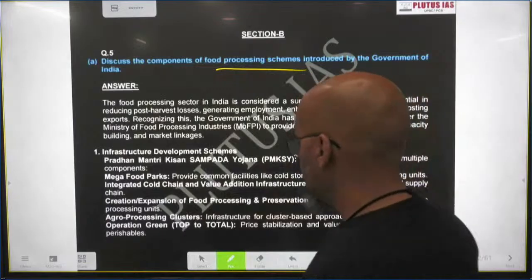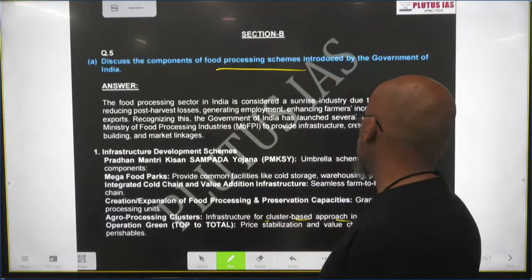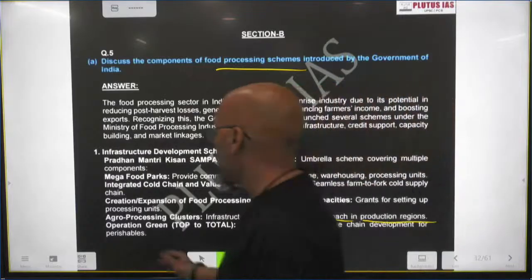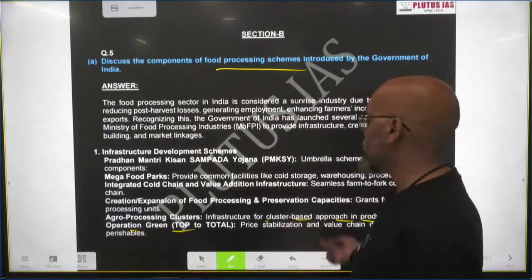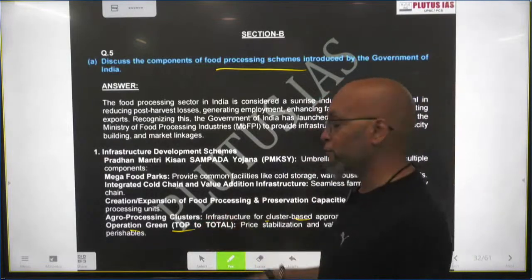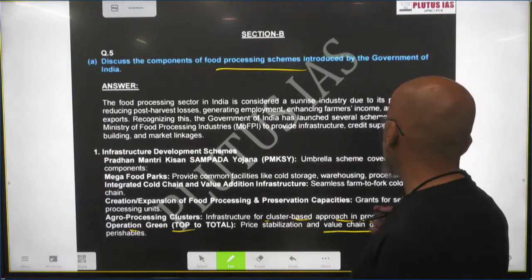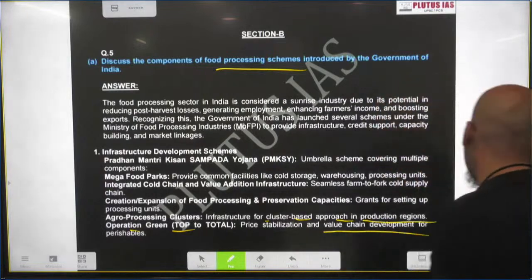Then agro processing clusters: infrastructure for a cluster-based approach in production regions. Operation Green, TOP to Total. What is TOP? Tomato, onion, potato. Price stabilization and value chain development for perishables.